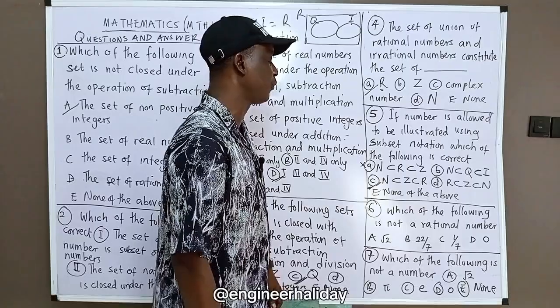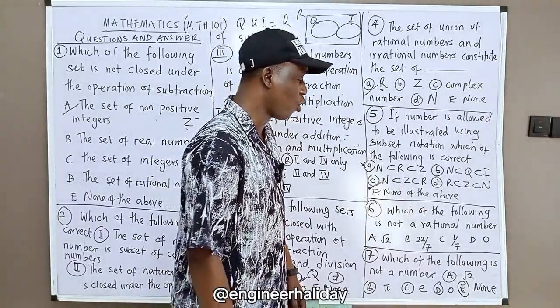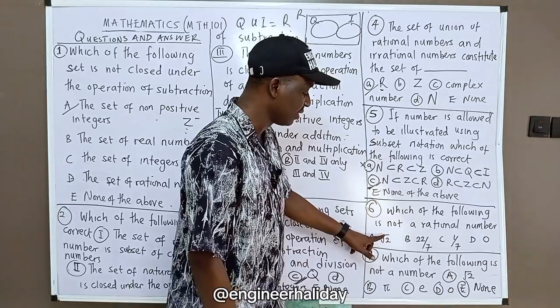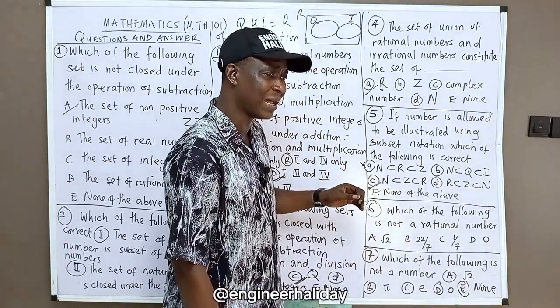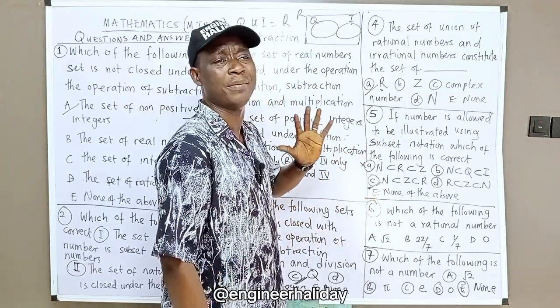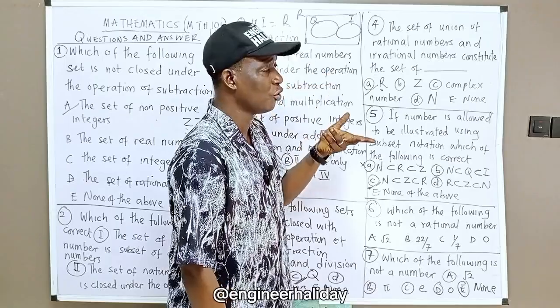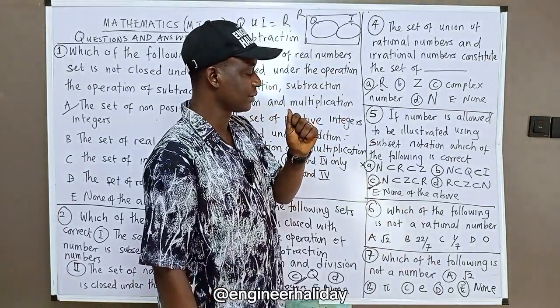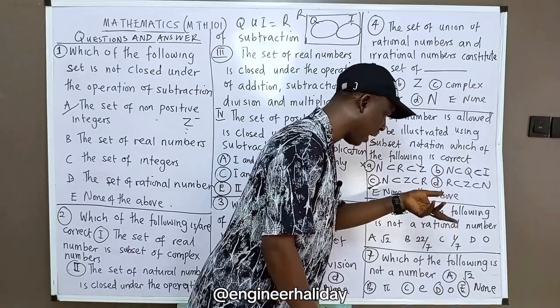Number 6 is now, which of the following is not a rational number? Now, don't forget that rational numbers are numbers that can be represented in fraction form. Two, they are terminating numbers. Three, they are recurring numbers.